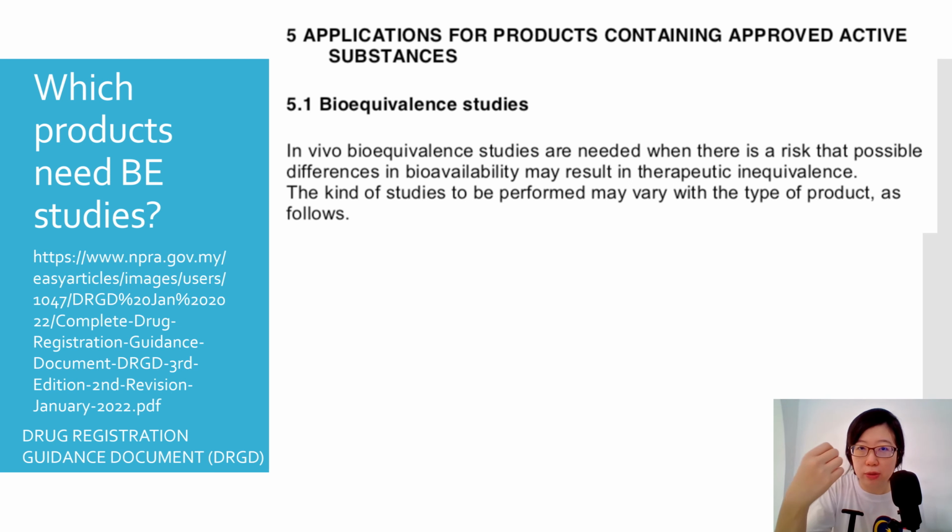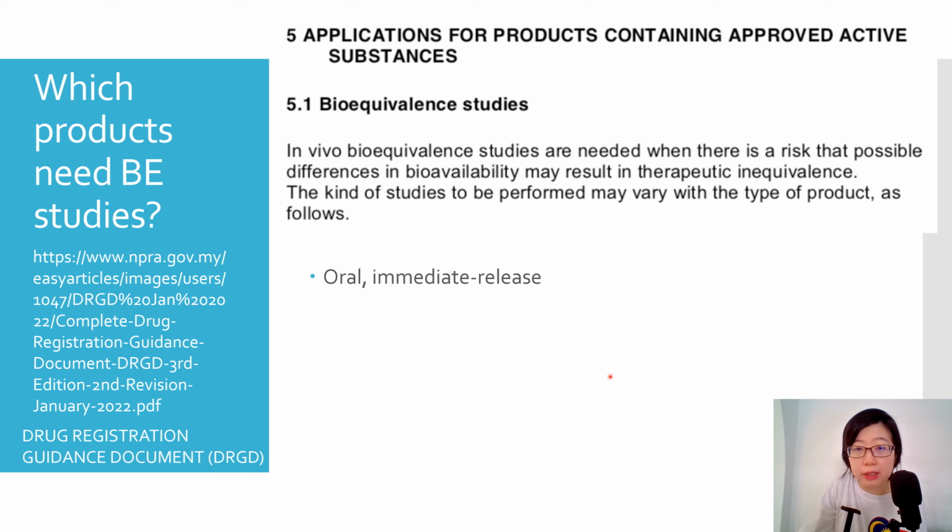For BE studies, it has to be a product that contains an approved active substance. If it contains a new chemical entity, it has to go through a different route, the new drug registration process, which has nothing to do with BE.